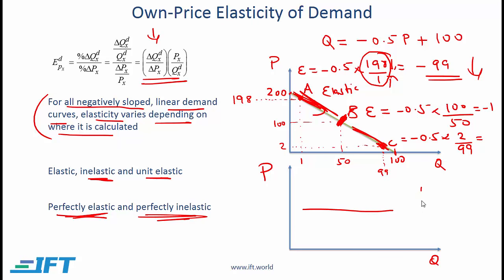Perfectly inelastic would be something like this. So with a perfectly inelastic demand curve, no matter what happens to the price, the quantity remains unchanged. So just remember this: perfectly elastic, horizontal demand curve; perfectly inelastic, vertical demand curve.